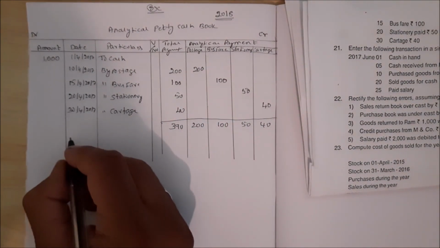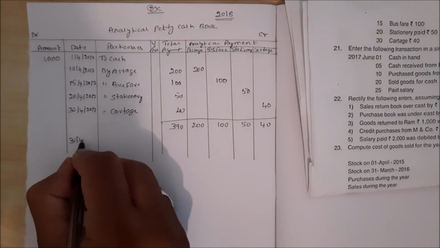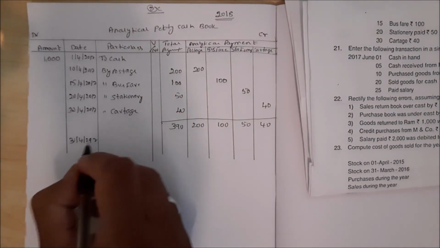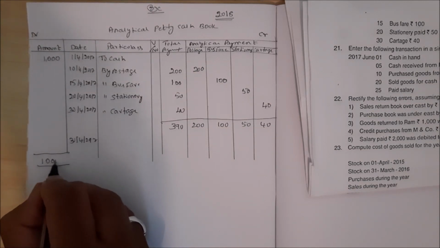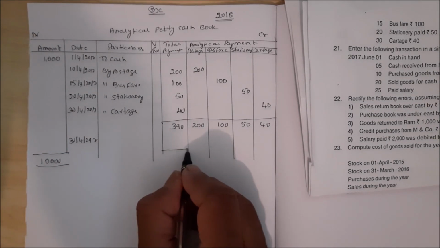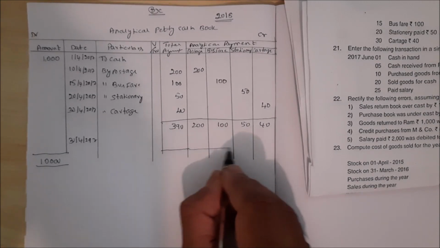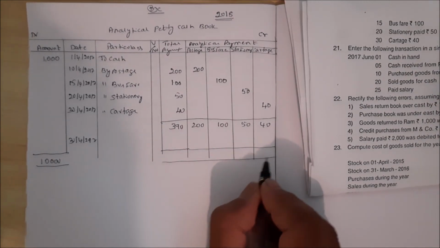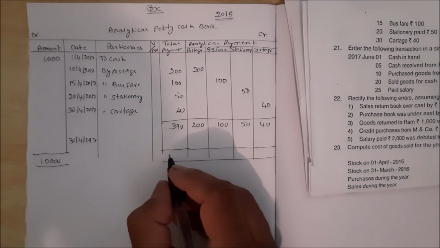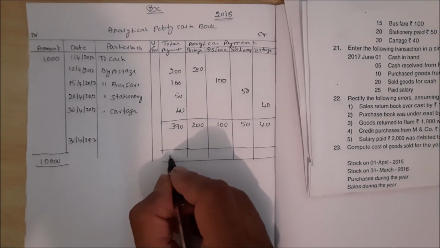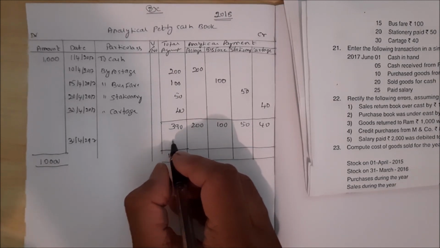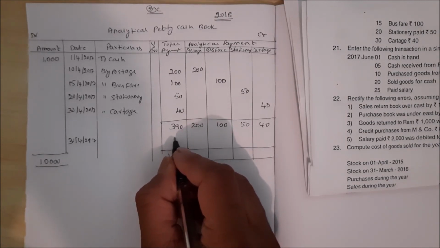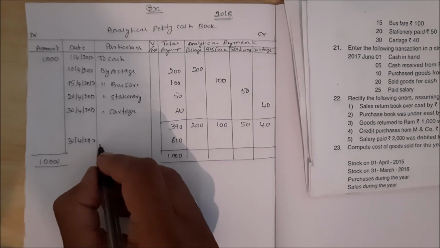Now on 30th April, what is the balance remaining? So you have received how much? 1000. And you have spent how much already? That is, you have spent already 390. That means the total is how much actually? 1000 minus 390. The remaining is 610 is the balance.